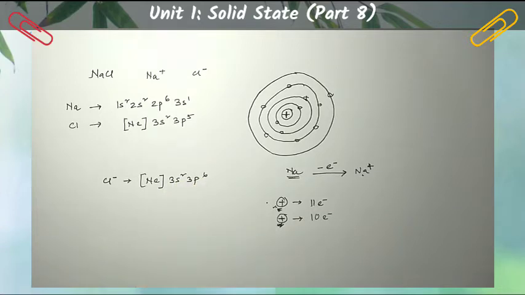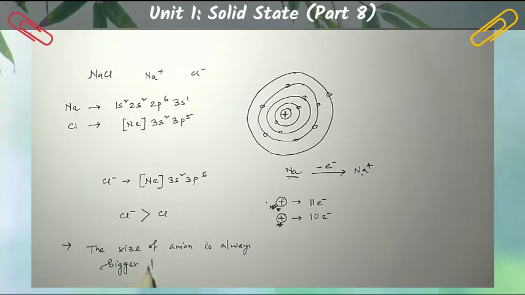That means 1 electron will be more, so we have to introduce 1 electron to the chlorine atom. So by using this analogy we can say that the size of the Cl negative ion will be higher than the chlorine atom. So always remember this point, that the size of anion is always bigger than the size of cation. Okay, so this is one concept.